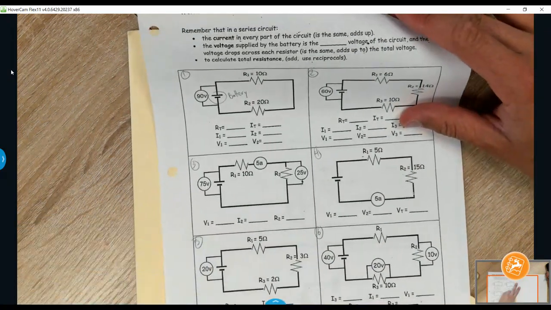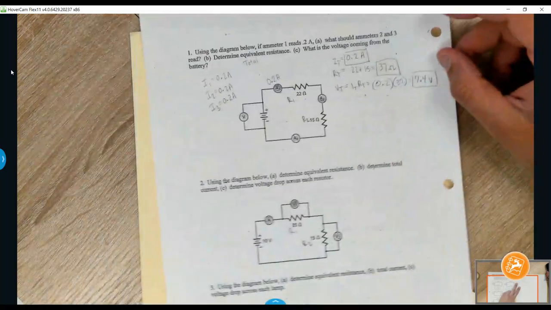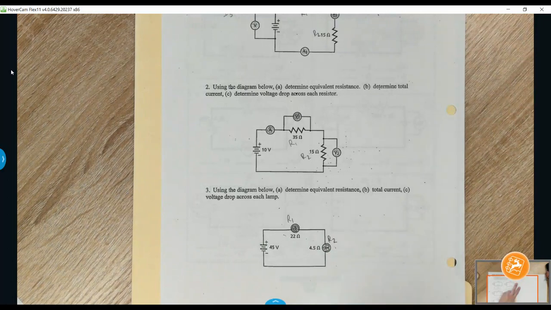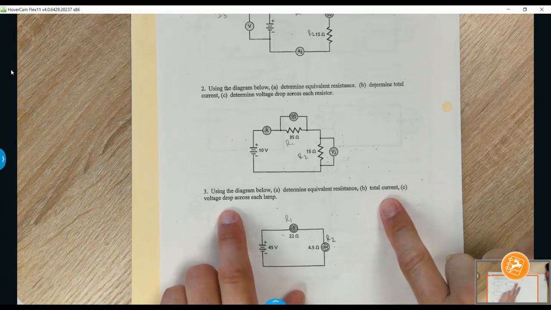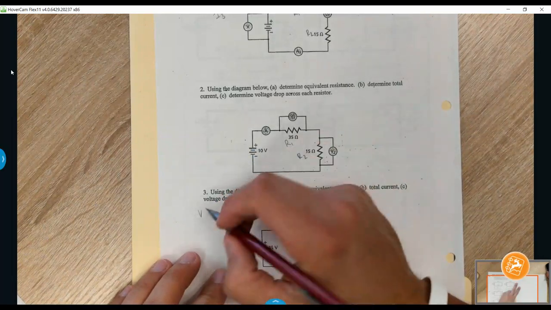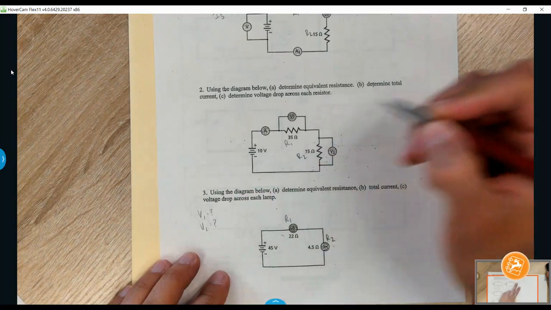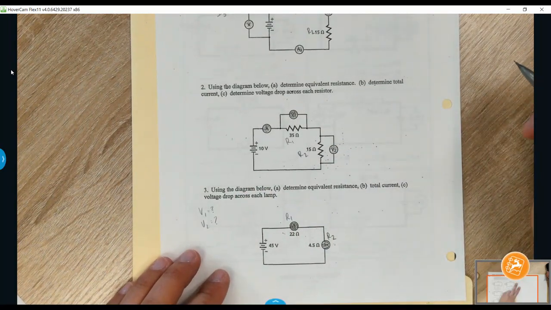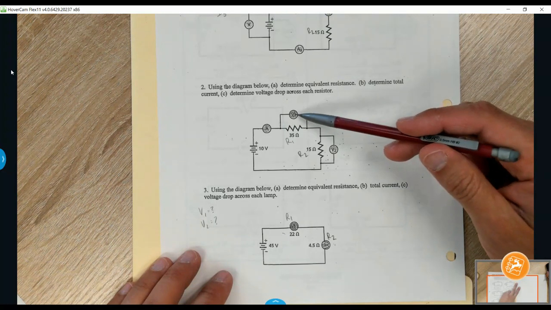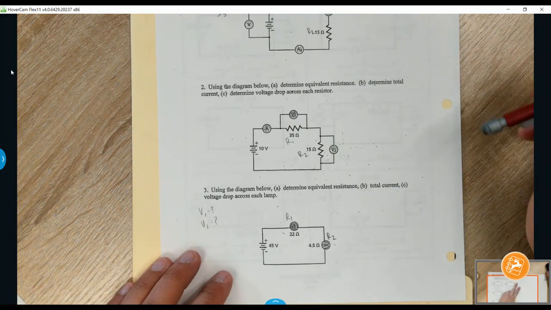Make your VIR tables, please, off to the side on a separate sheet of paper. And then complete 2 and 3 on the backside as well. If they ask you for the voltage drop across each lamp, they're asking you for V1 and V2. Voltage across each resistor, again, they're asking you for V1 and V2.